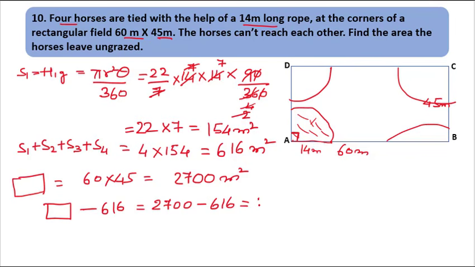So this is equal to 2084 meter square. Look at the figure, this is basically this area that we are trying to find out in the question. So quite a pretty easy question, just an application of what you already know.